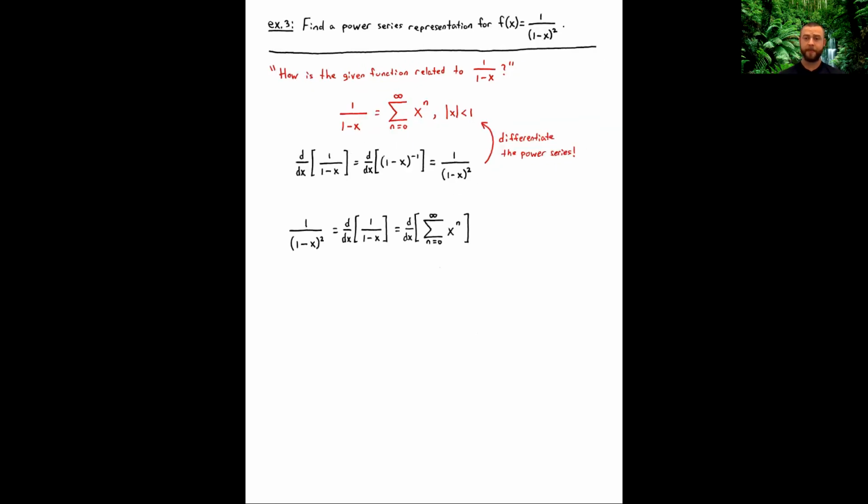So to put this together, we recognize 1 divided by 1 minus x squared as the derivative of 1 divided by 1 minus x. We then, for the part in the brackets, replace 1 over 1 minus x with its power series representation, and then differentiate that power series term by term.